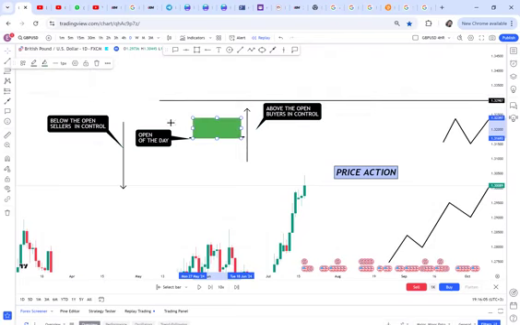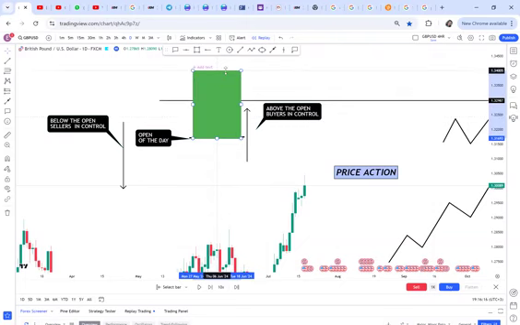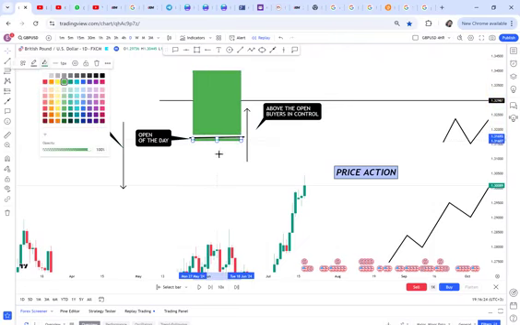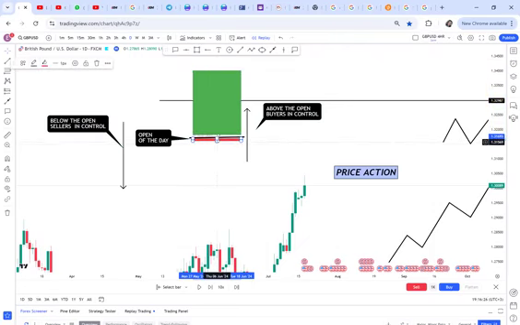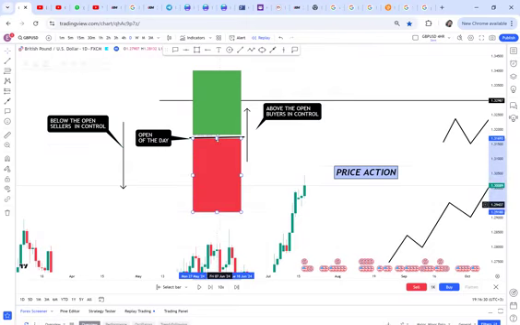So if it is above the open of the day and it is going up, the market is green. What if it starts to go down? If it starts to go down, it will be red. So there's no way around it, that's how the market is controlled.